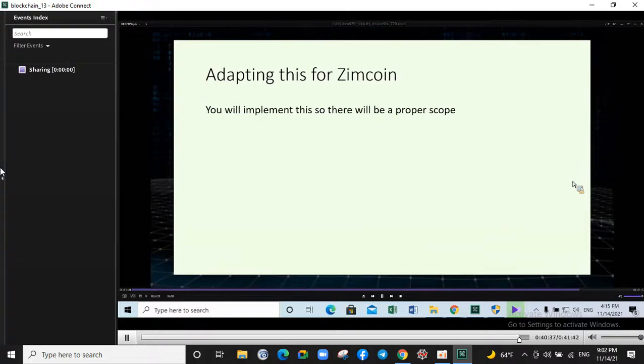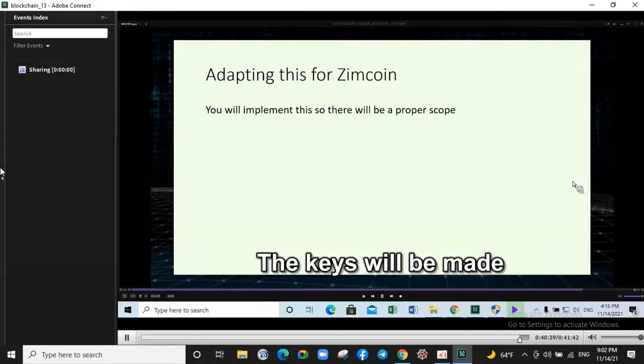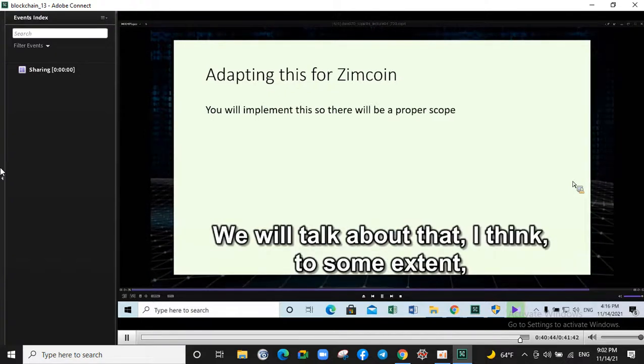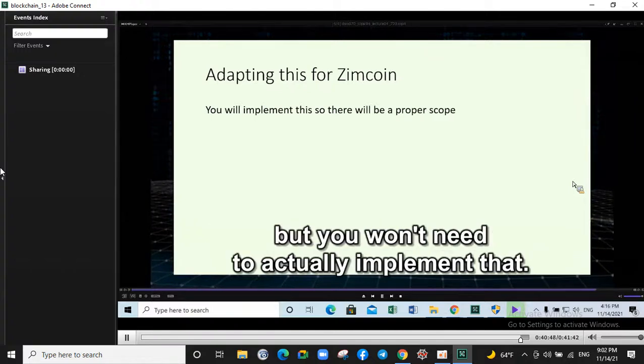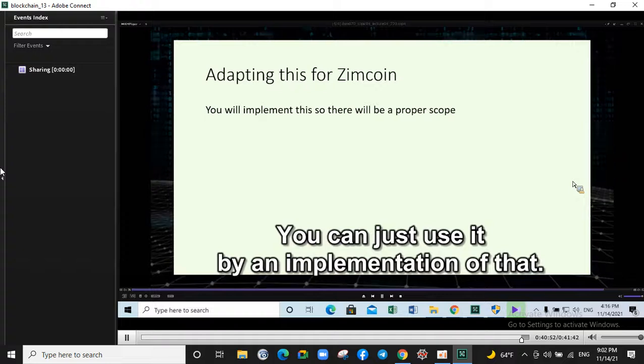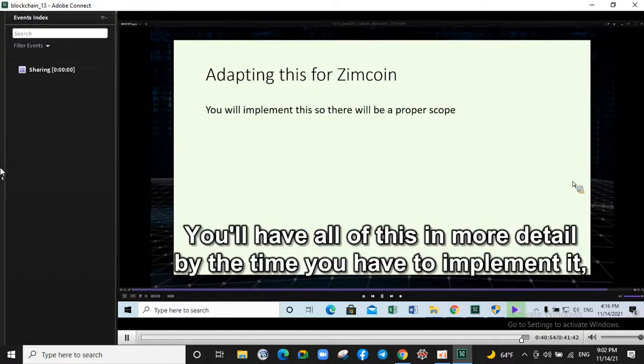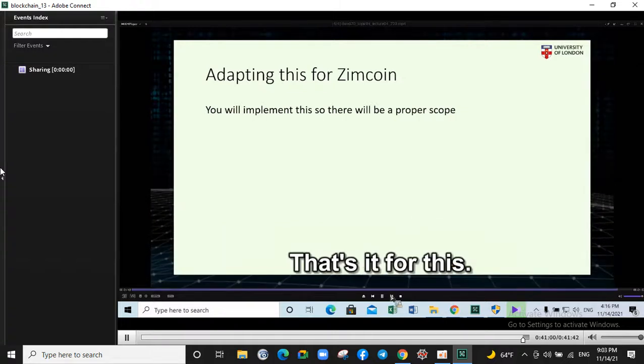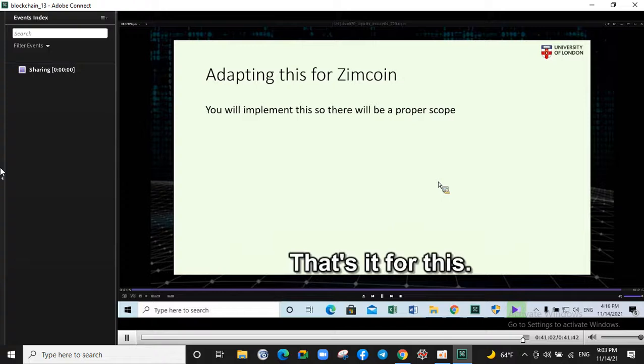Okay, the keys will be made using the elliptic curve digital signature algorithm, and we will talk about that to some extent. But you won't need to actually implement that. You can just use the Python implementation of that. So you'll have all of this in more detail by the time you have to implement it, which is soon. And that's it for this. Okay, bye for now.